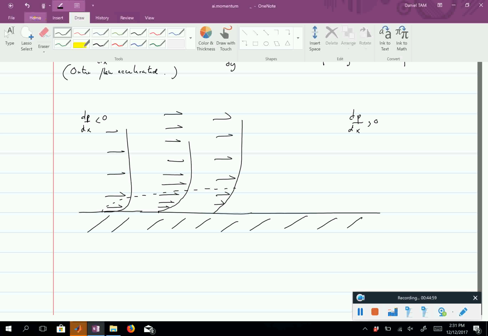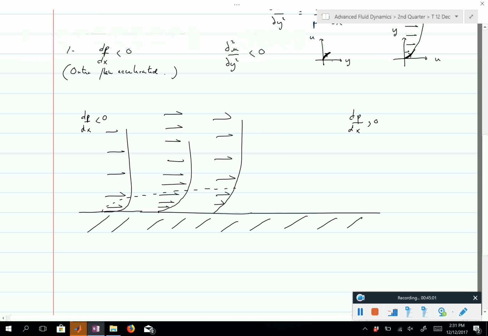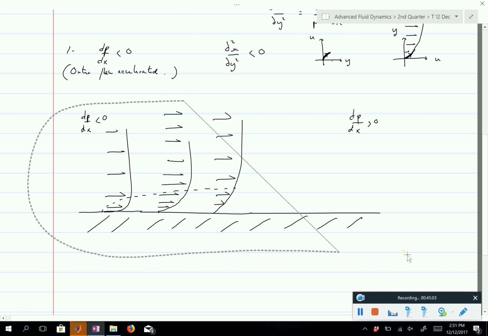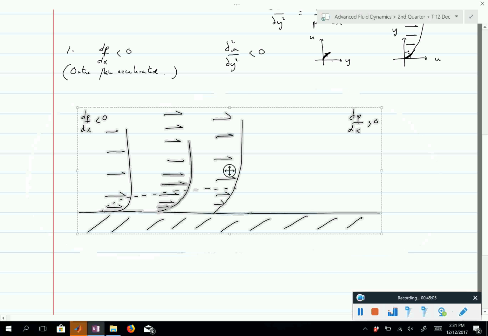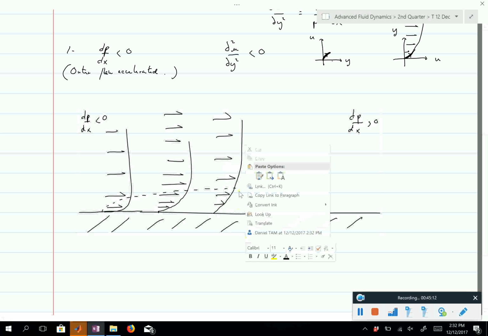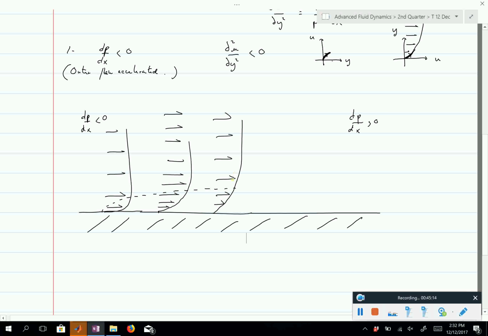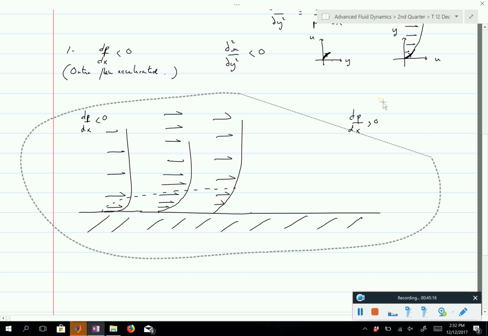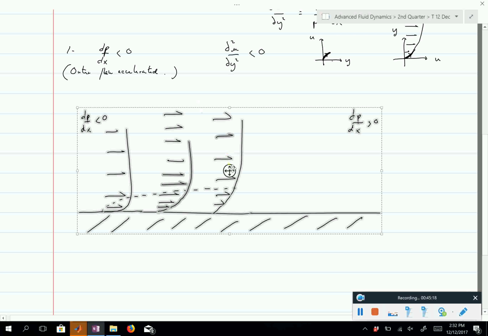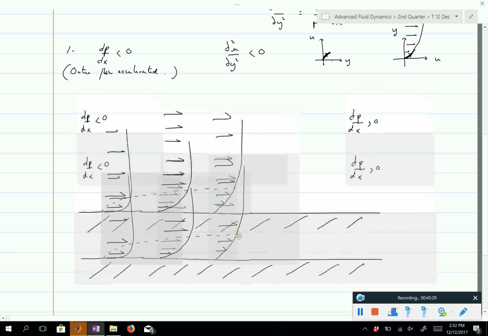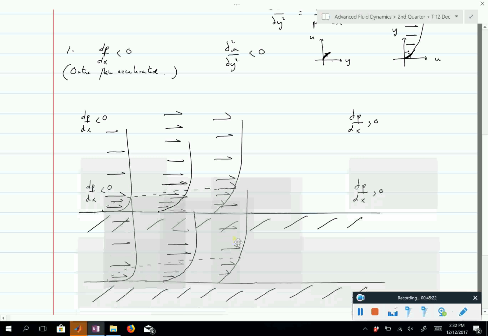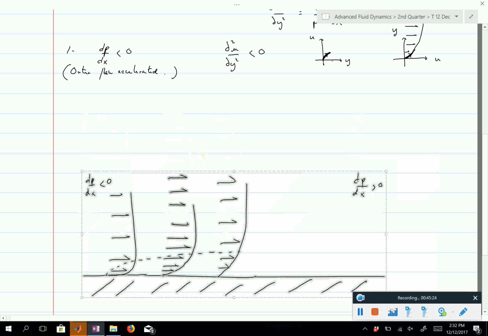So we just do the exact same analysis that we just did, and it will not surprise you that in that case the second derivative of u with respect to y is going to be positive. Let me just move that here. A bit more space. Good.